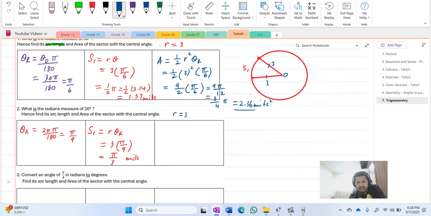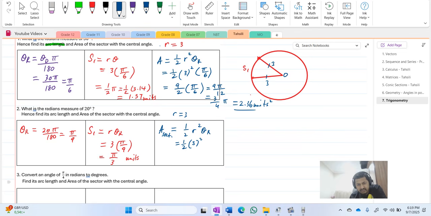To find the area of the sector, let me just write: area of sector is half r squared theta in radians. So you say half, what's r squared? r squared is 3 squared. What will theta be in radians?